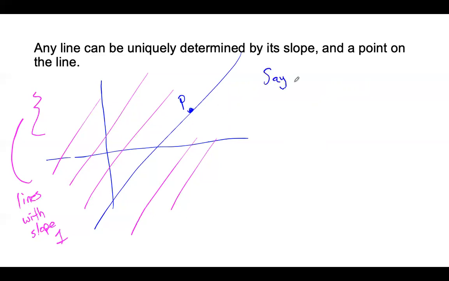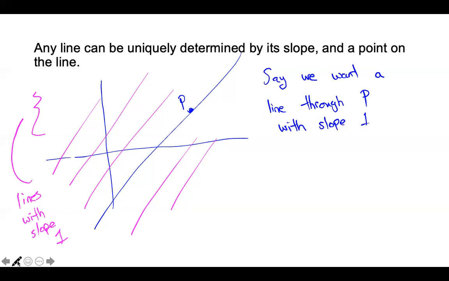So suppose we want a line through this particular point, this point P, with slope 1.